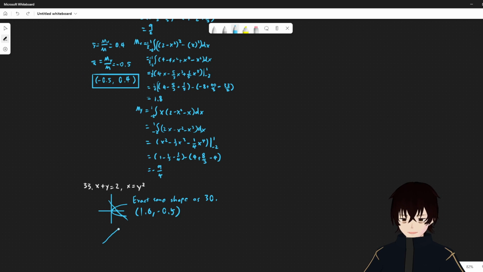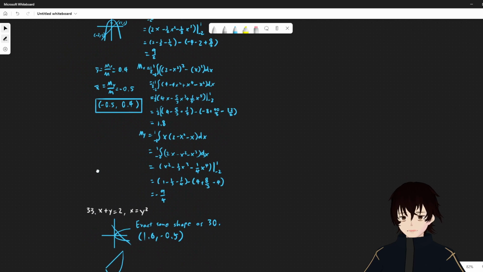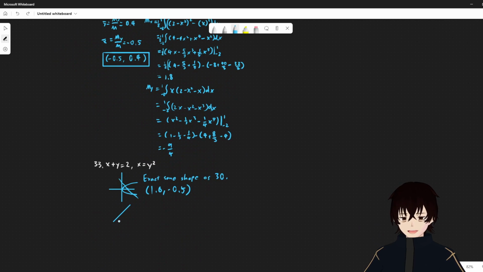So if we draw the previous shape, it looked like this. Or rather, upside down. It looked like this.